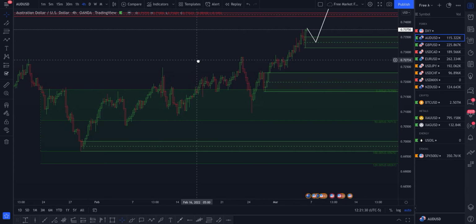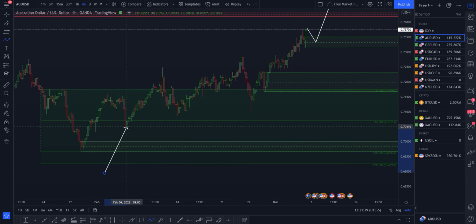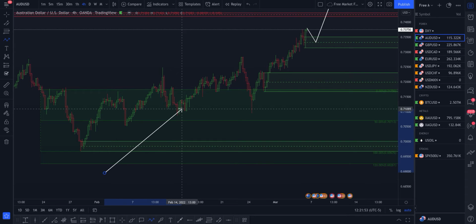All right, we can definitely see here where we have had demand created and respected. We had a demand here that was created, price went up, came back, respected it, pushed up. This demand area was not so much respected, but we did have a new demand area that was formed, came up, it was respected.